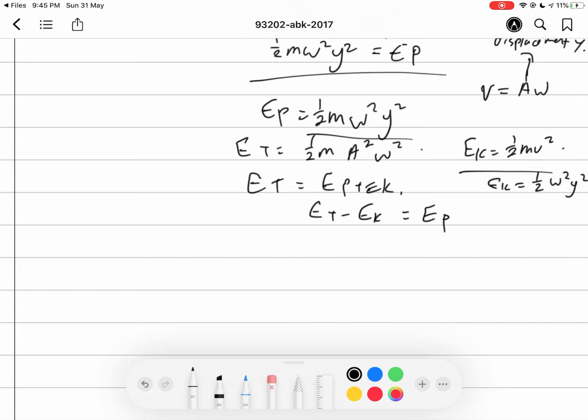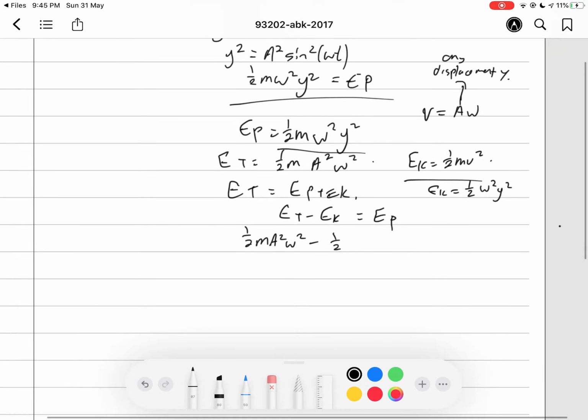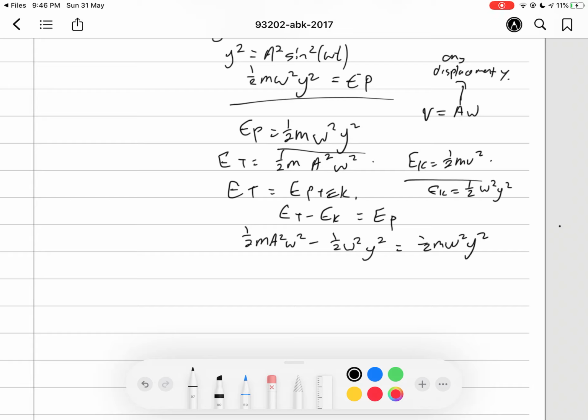Okay, so now we can write our formula up. We can say that 1/2 m a squared omega squared minus 1/2 m omega squared y squared equals EP, which is 1/2 m omega squared y squared.